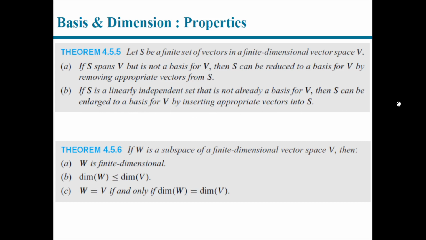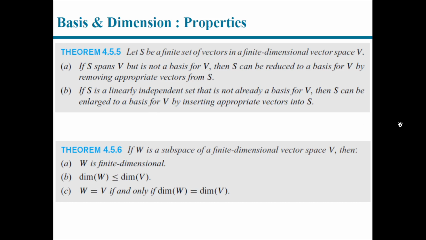Basically, S has vectors that are only linearly independent, but not enough of them to create a basis. So the span of S is not equal to V. It's smaller. So you could find other vectors that are linearly independent of the guys in S, and then keep adding them till you reach a basis for V.